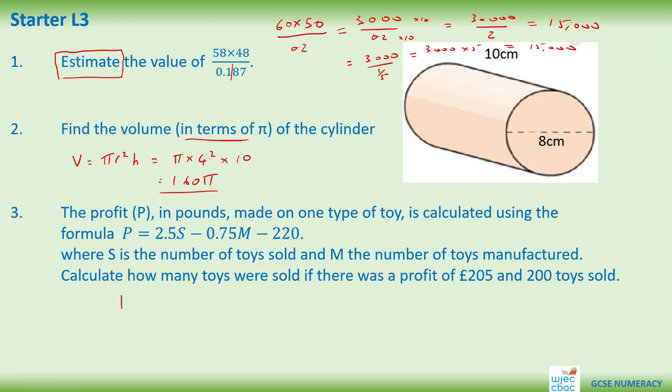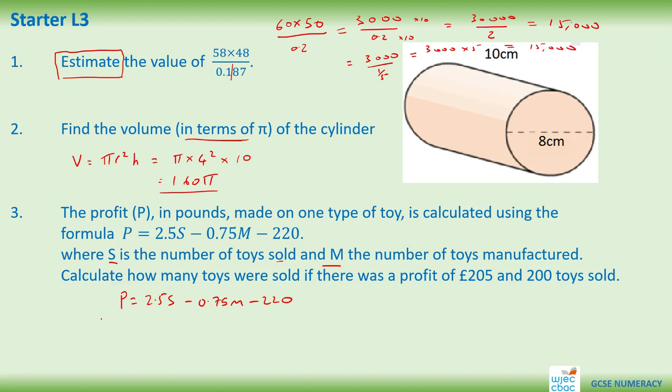Question 3, P is equal to 2.5 S minus 0.75 M minus 220. S, number of toys sold. M, number of toys manufactured, and the profit is 205 when 200 toys were sold.